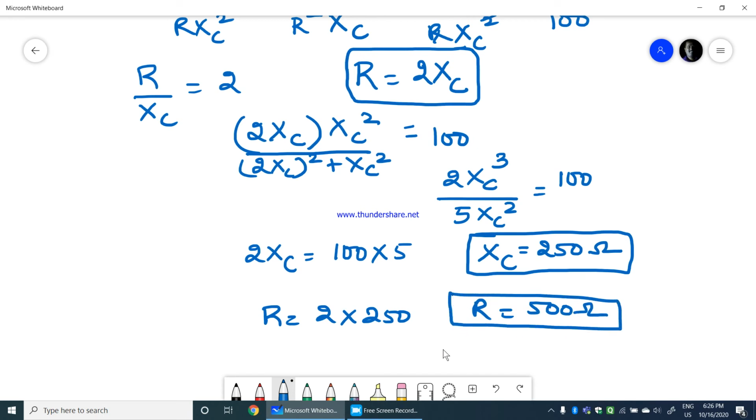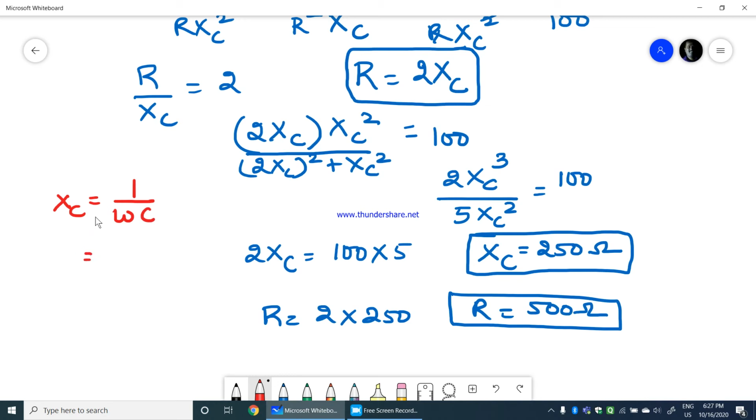Now the job is not over, because we do not need Xc. We need C. So C in terms of Xc. We know that Xc is equal to 1 over omega times C. This is the formula.